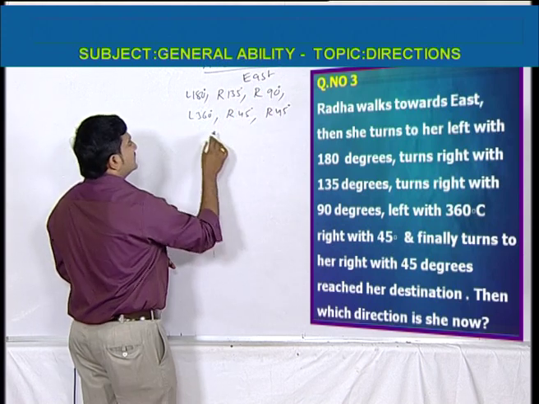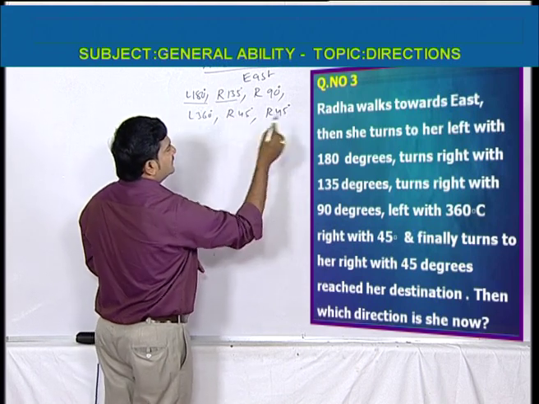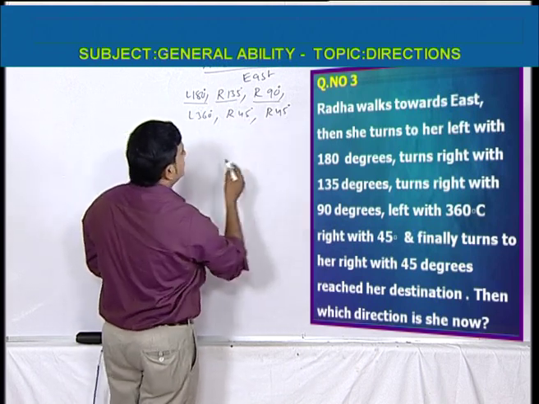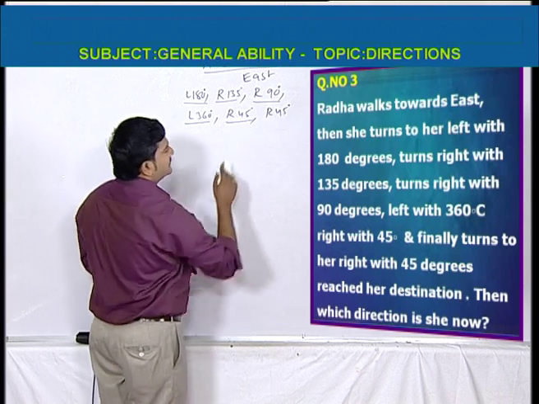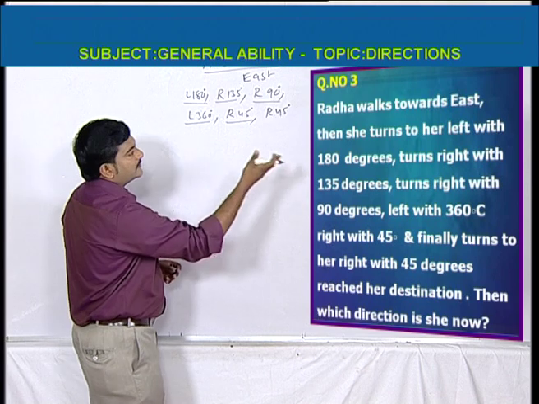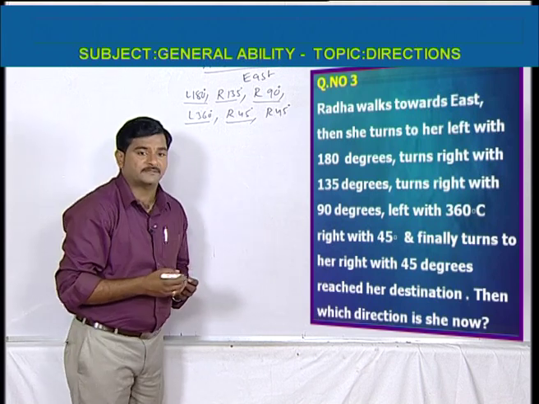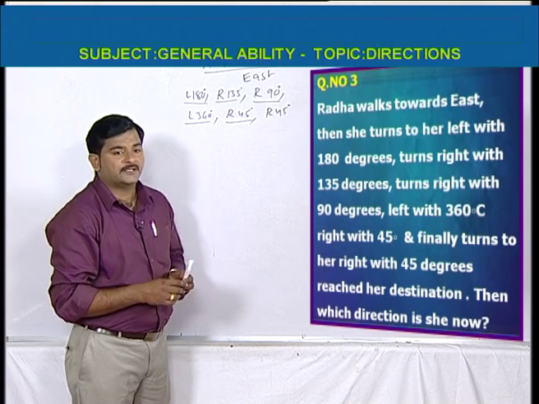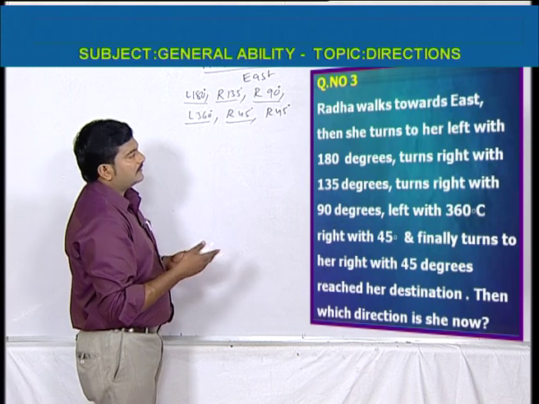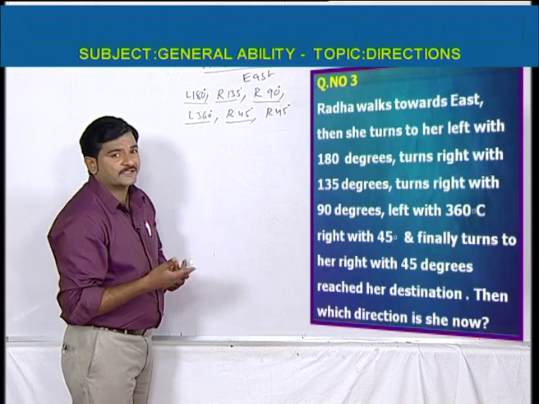Then first she turns left with 180 degrees, again right with 135 degrees, again right with 90 degrees, left with 360 degrees, and right with 45 degrees. Finally turns right with 45 degrees and reached her destination. So in which direction is she facing now?